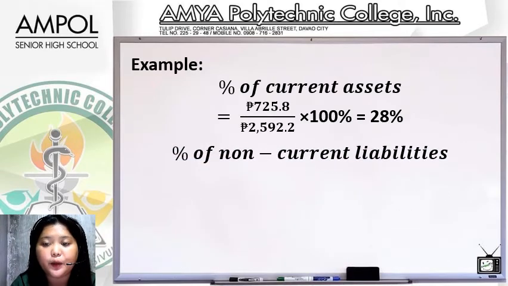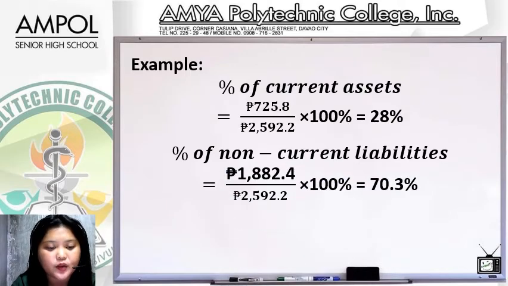And then for the percent of non-current liabilities, that's equal to 1,882.4 over 2,592 pesos and 2 centavos times 100. So where did we get that 1,882 pesos and 4 centavos?